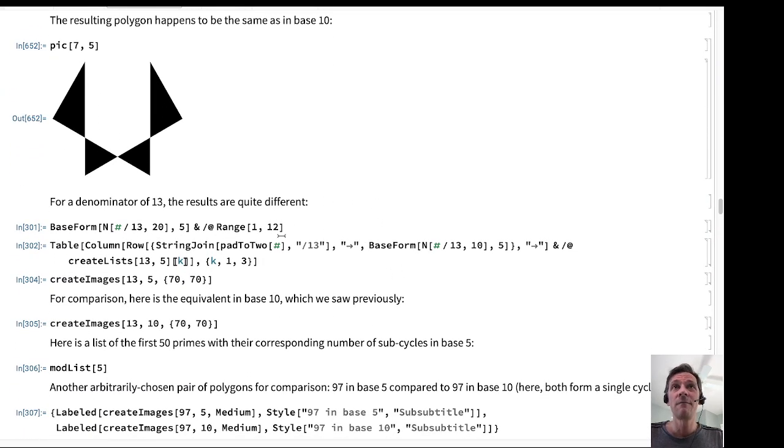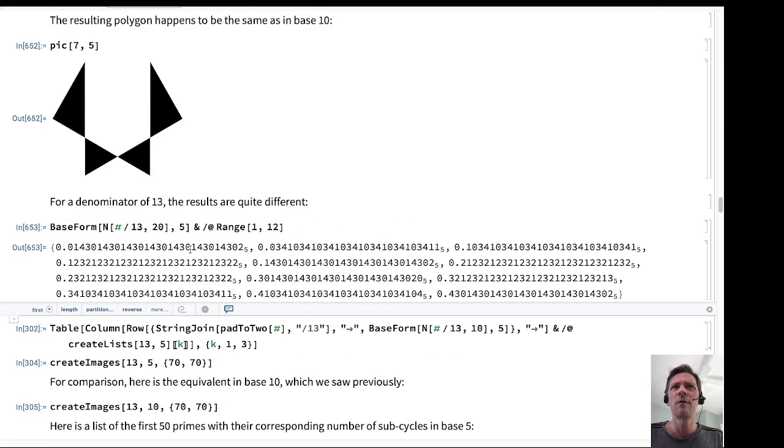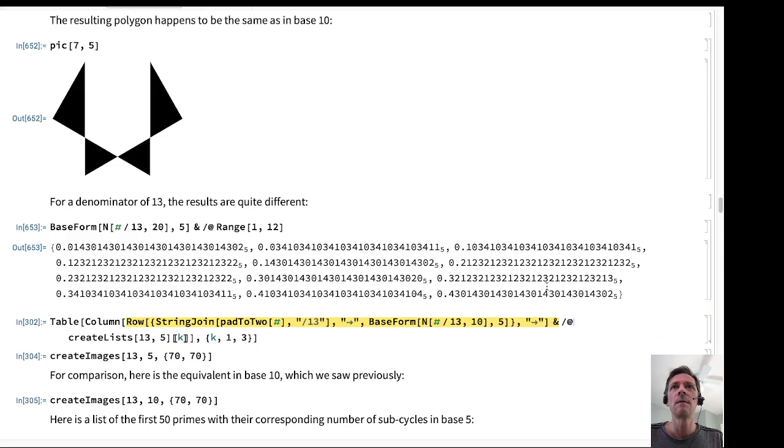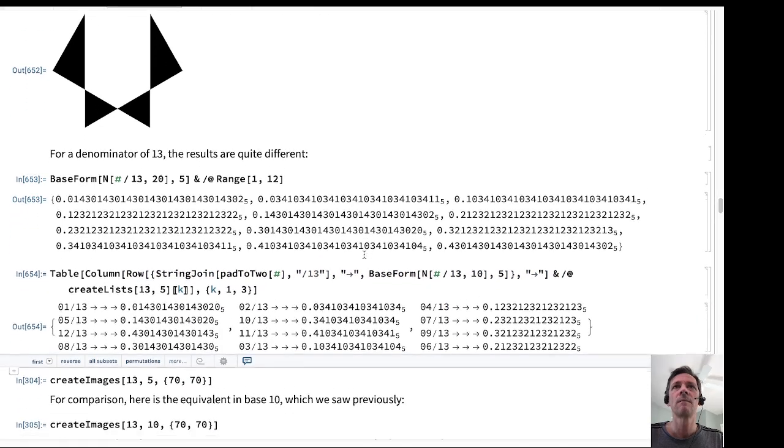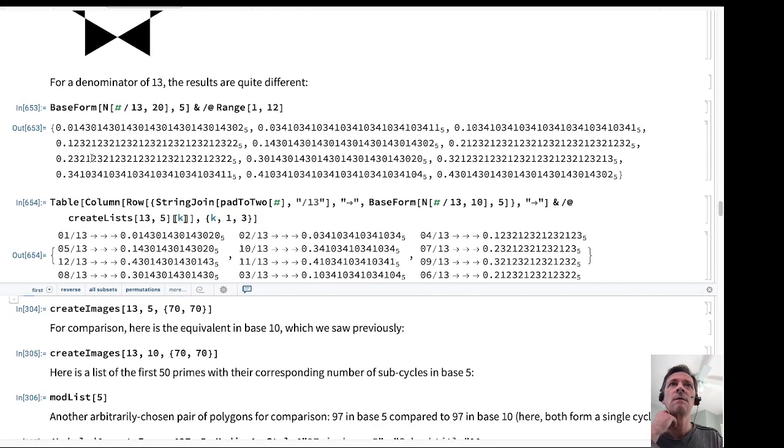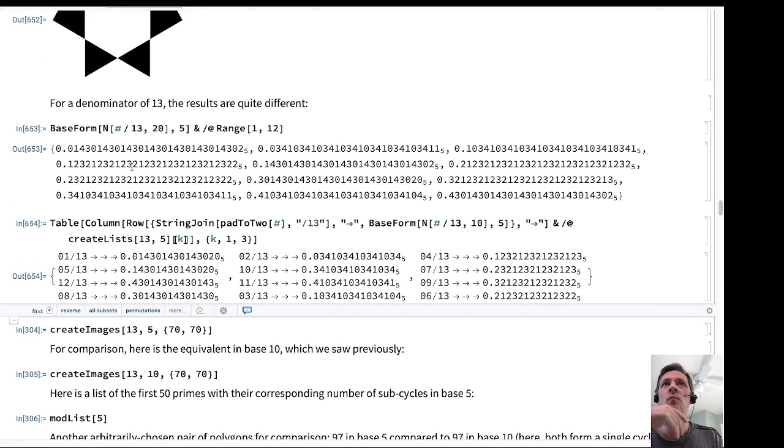In base 5, looking at denominator of 13, I actually end up with something very different. These are actually going to break up into 3 different cycles, excuse me, right? In base 10, denominator 13 had 2 cycles.